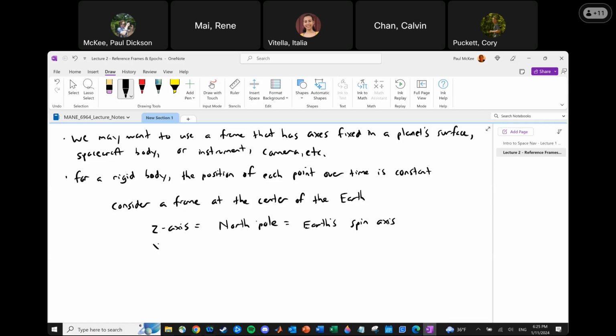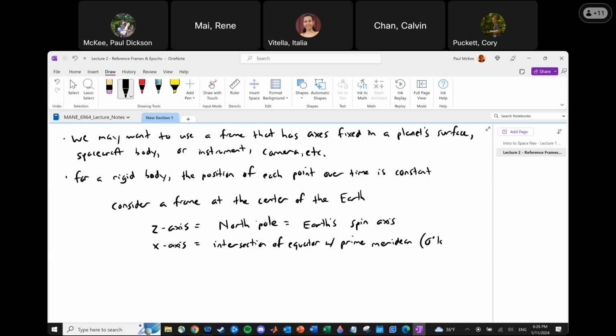The x-axis, exactly as defined earlier, is the intersection of the equator with the prime meridian. Or you could think of it as 0 degrees latitude, 0 degrees longitude. I'm going to just erase that.